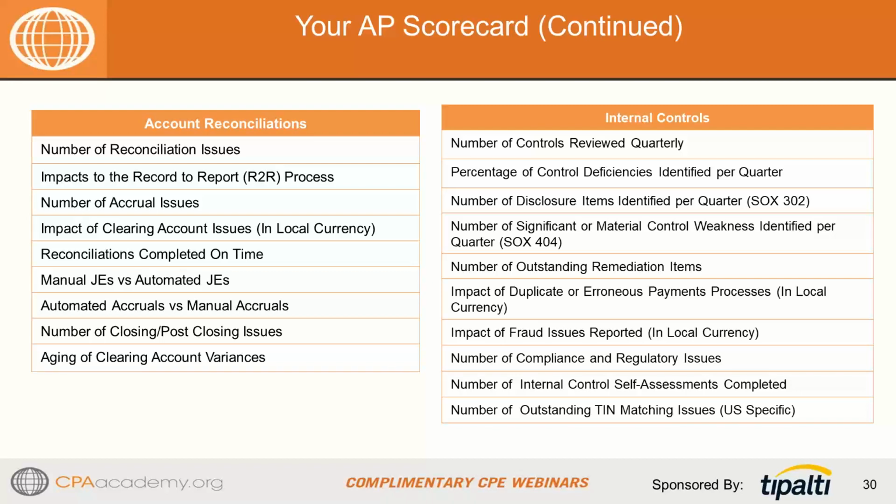And I mentioned clearing account because typically within the AP process, there will be a clearing account, which is the result of open POs or unmatched POs and invoices. And it's an account that really needs to be reconciled on a monthly basis. And that variance can become quite large if you're not doing so and accounting for all those variances.